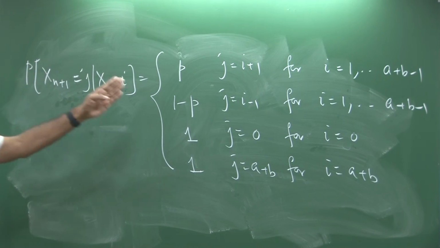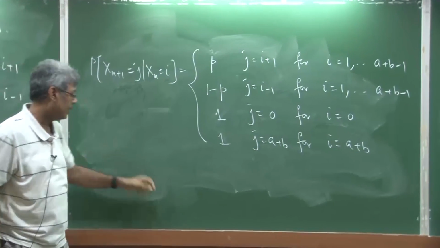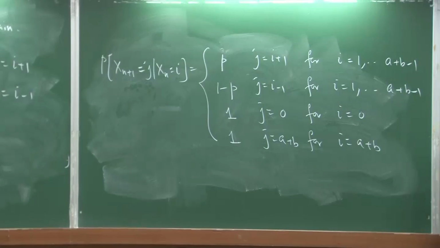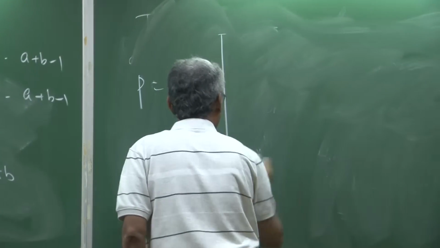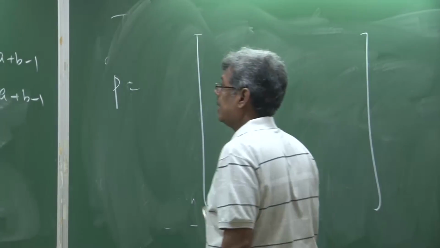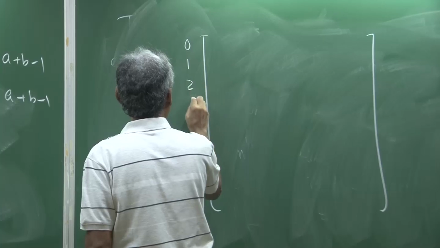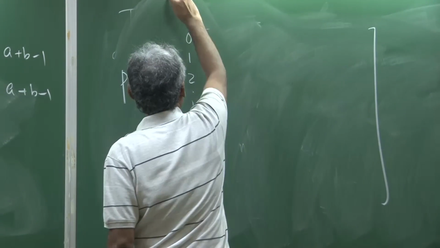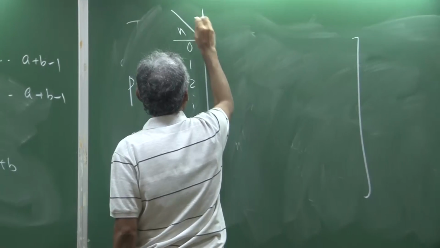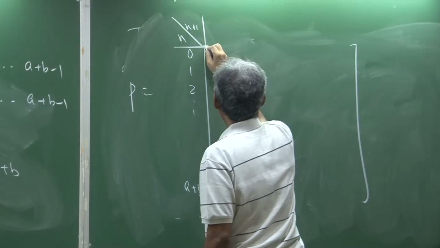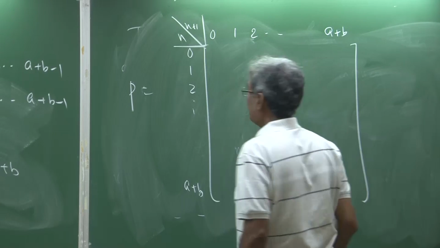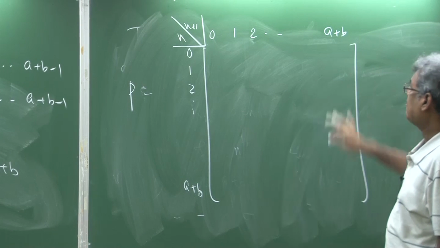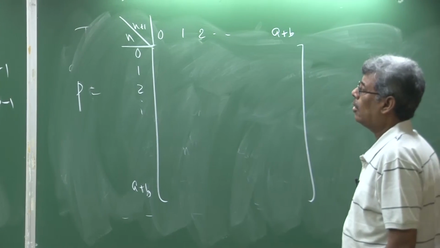So that becomes the transition probability matrix. I can write it here explicitly, matrix P. You can see 0, 1, 2, up to a+b, this is for n, and this is for n+1, again 0, 1, 2, up to a+b. As I said, a and b are both positive integers.